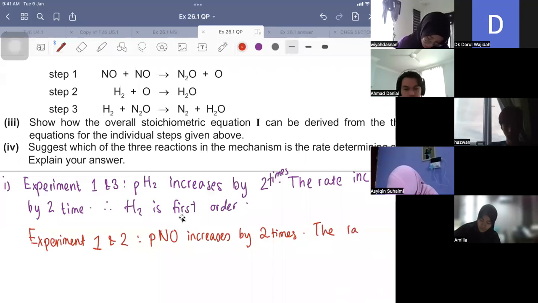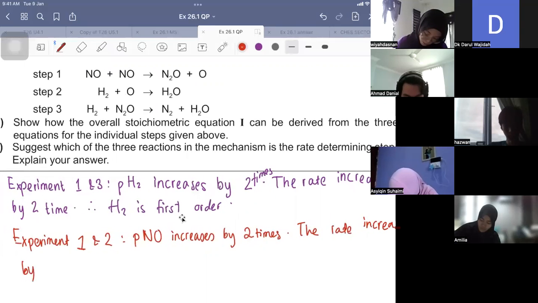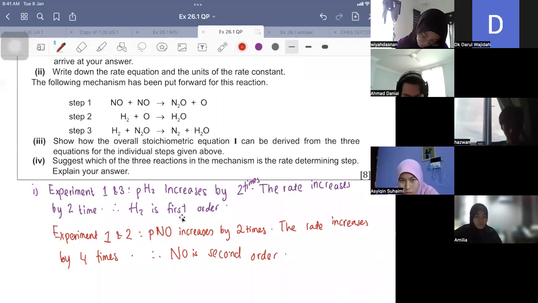The rate increases by 4 times. Therefore, NO is second order. That's all. For how many marks? No, this is for 2 marks, 1 mark for each, which is an easy mark, I think.